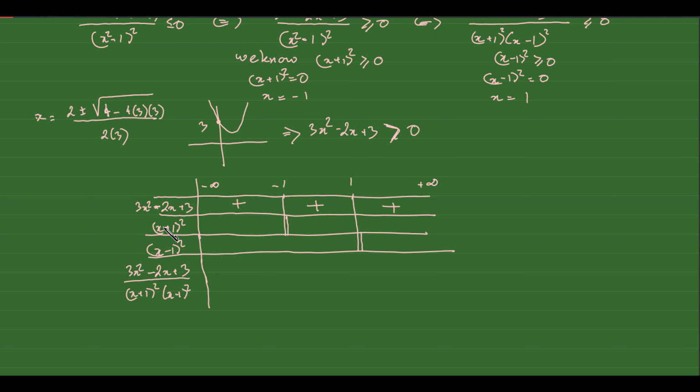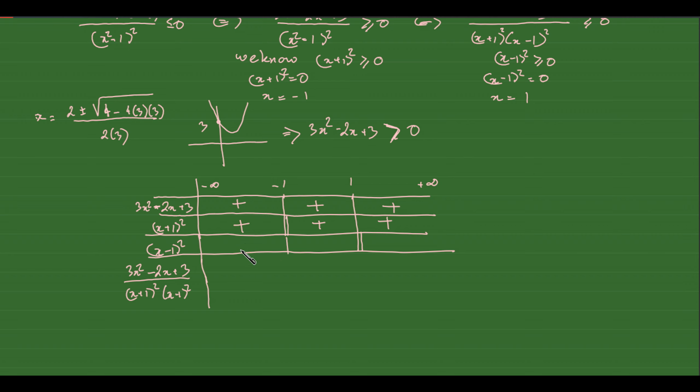Alright, now we're gonna check the sign for this. No matter what value we plug in over here, the square is always positive, so it's positive here. And no matter what value over here, including a negative value, you plug in and calculate, you square this.